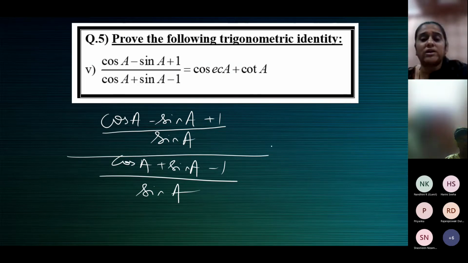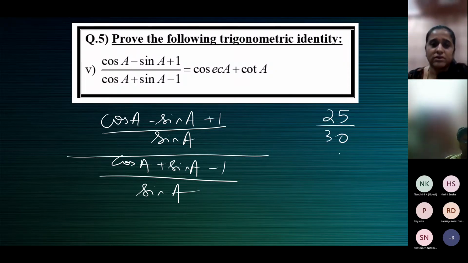Now again, this might look like, how can you just change the expression? Will you not change the value of the expression given? See here. When we simplify 25 by 30, what are we doing? We know it's 5 by 6.